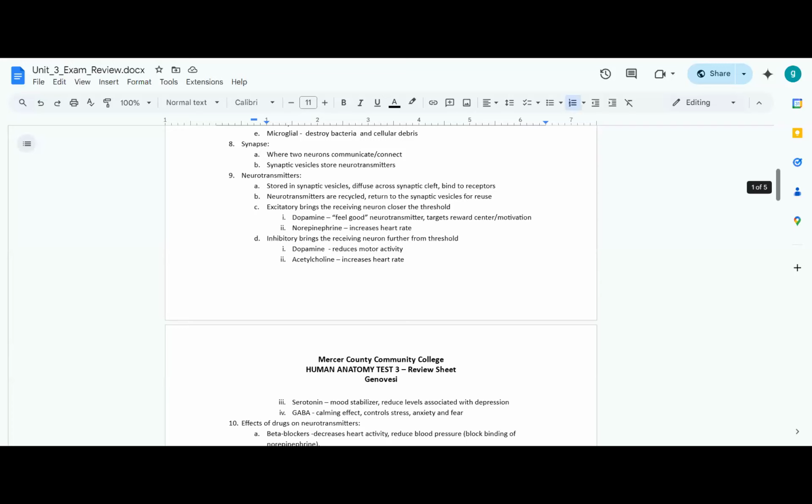It's a little easier. So when neuron 1 is triggered to send a nerve impulse, the nerve impulse goes down the bottom of the axon, triggers the release of the neurotransmitter. It diffuses across the synaptic cleft. That's just the little tiny space between our two neurons.